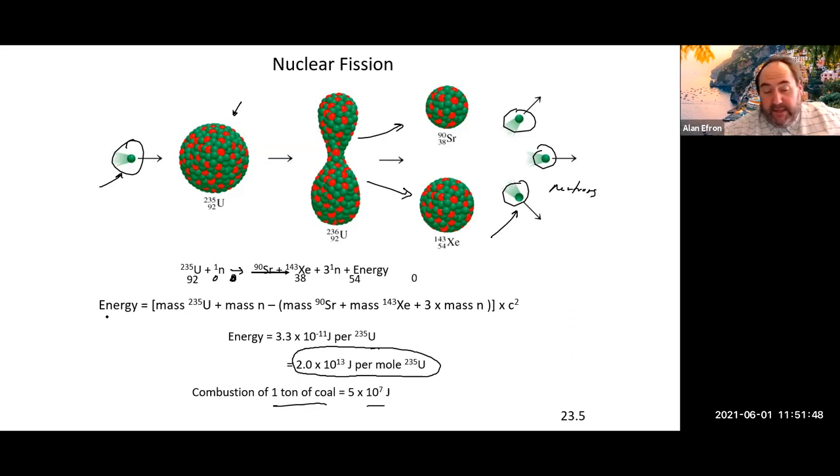And by the way, this is Einstein's equation, E equals mc squared. The m here is the mass defect. Just to give you an idea, what we're doing is taking the difference between our reactants and products, the mass difference, so products minus reactants.